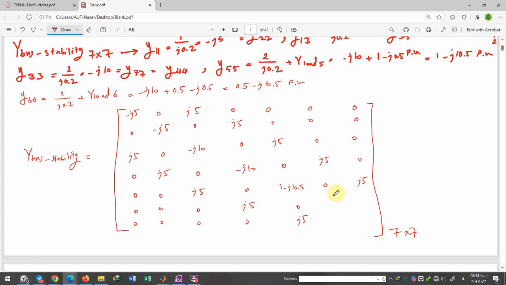Another array is Y66, written here, half minus j10.5 per unit, and Y67 is j5, and Y77 is minus j10.